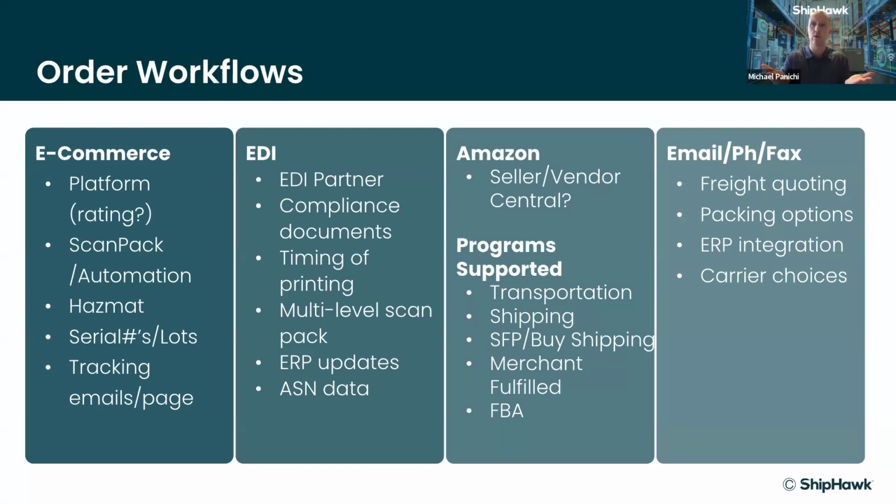For those of you out there who aren't aware of what that means, if you are an Amazon partner and you have your item out on an Amazon website and you go and buy that item on the Amazon website, that order is going to flow down to either Seller Central or Vendor Central. Now, if you don't have an Amazon integration in a TMS, that means that your warehouse people have to go out to that Amazon Seller Central or Vendor Central website and manually process the order and generate the labels to go with those boxes.